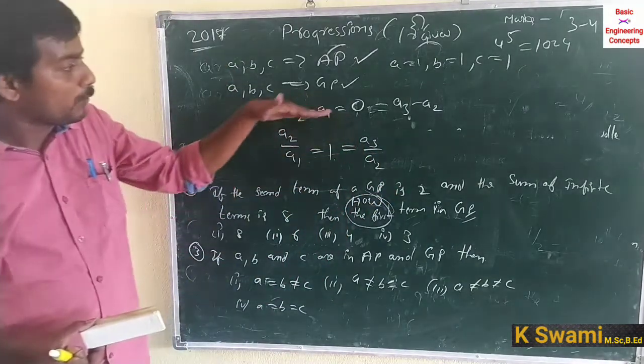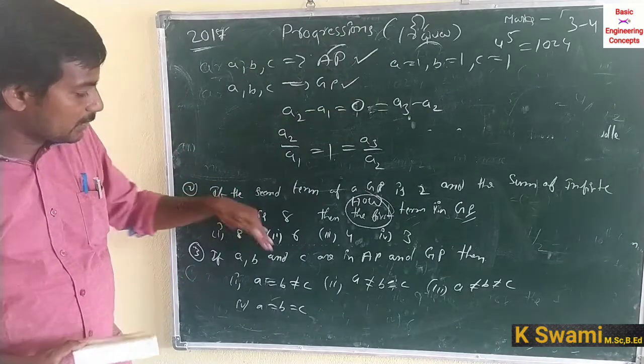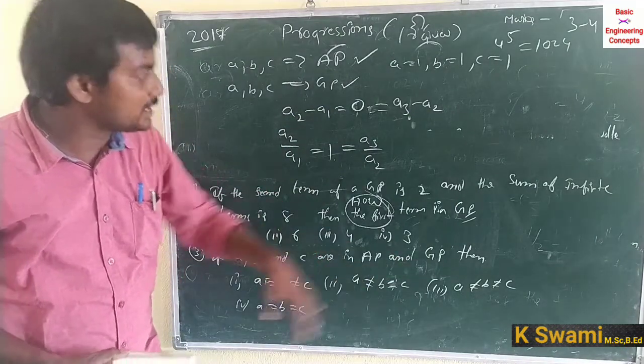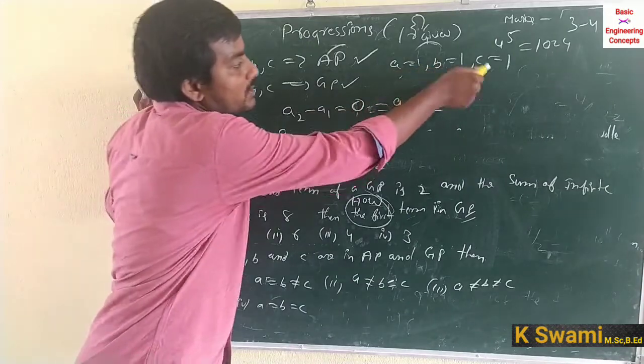So for the numbers to be in AP and GP, a is equal to 1, b is equal to 1, c is equal to 1.